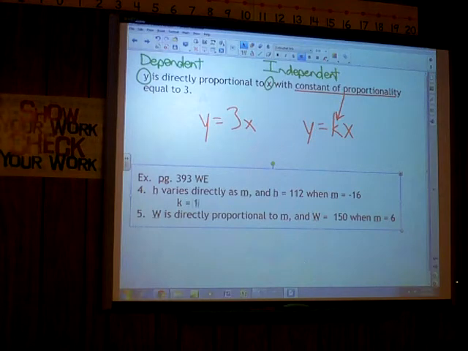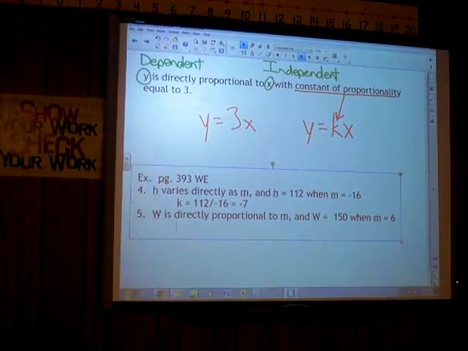Okay, -7. 112 over -16 would be -7. Good. Does anyone have a question about that? Got it? Okay.